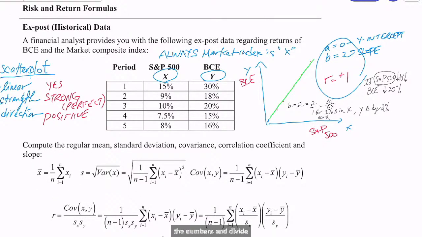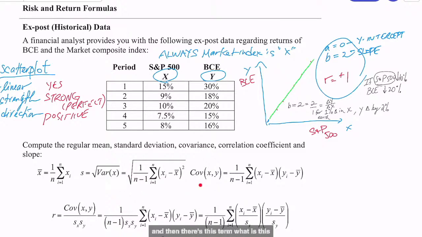Sum up all the numbers and divide by n. That's our measure of average. And the standard deviation of the x's is the square root of the variance. The variance is an average of the squared deviations from the mean, adjusting for the fact that it's a sample. So that's okay. You guys know how to do that.